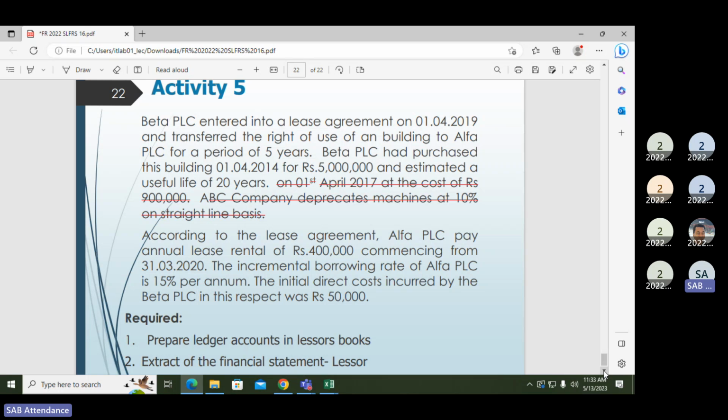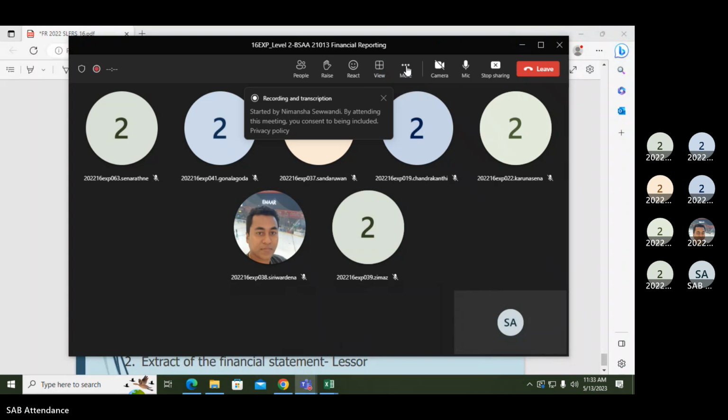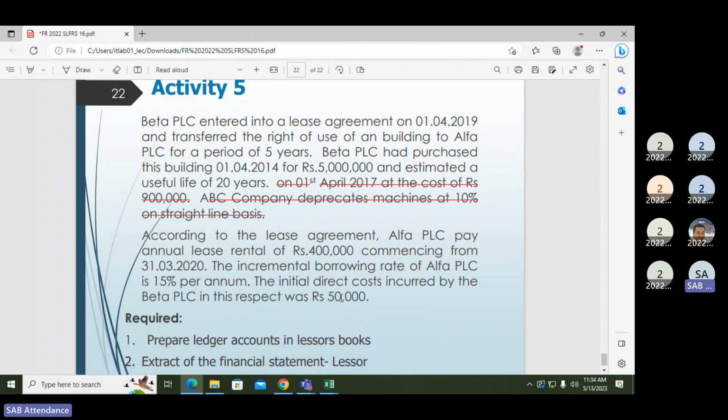Initial direct cost incurred by Beta is 50,000, and here we take the initial direct cost incurred by Beta 50,000 and Alpha also 50,000. So I will prepare this for both lessee and lessor.